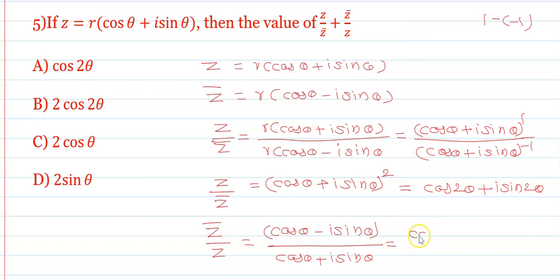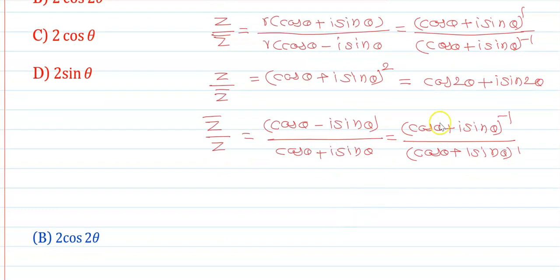That is, you will get here cos of theta plus I times sin of theta, whole bracket to the power minus 1, and this divided by cos of theta plus I times sin of theta whole bracket to the power 1.